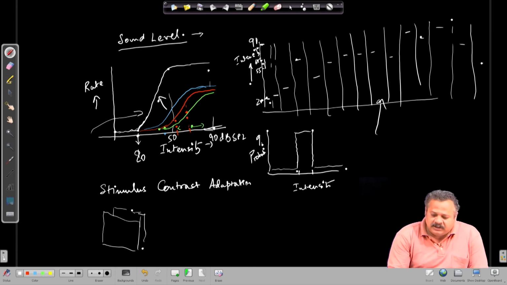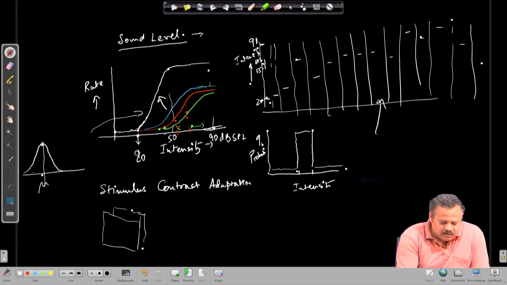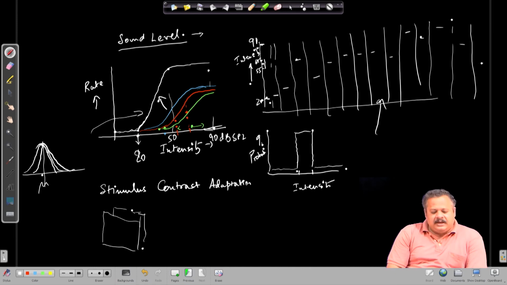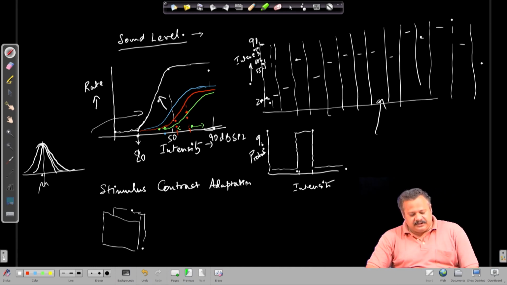So, if we were to draw a distribution of the values, then if this is the mean, low contrast is a sharp distribution, whereas high contrast may be something like this. That is, it has a wider range of values present.